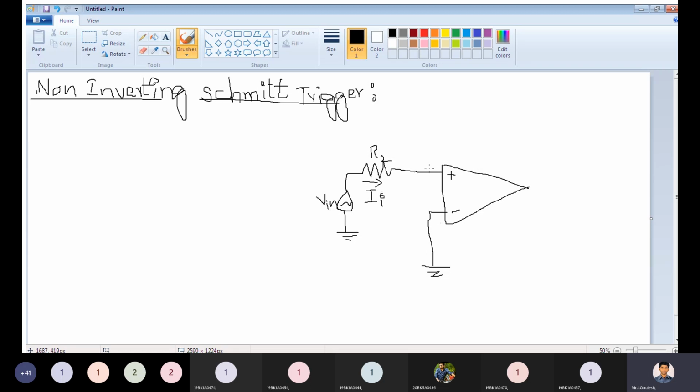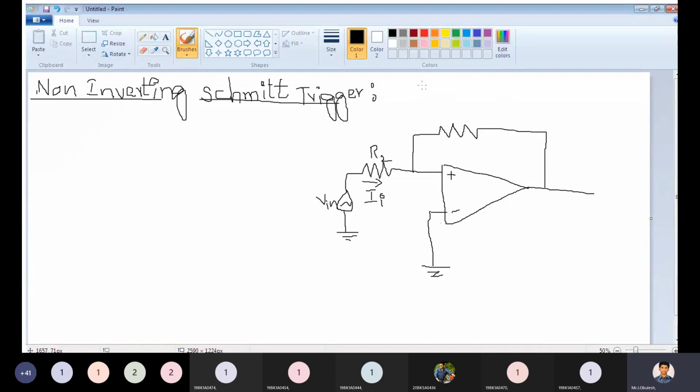For your non-inverting input terminal, you need to connect a feedback resistor.